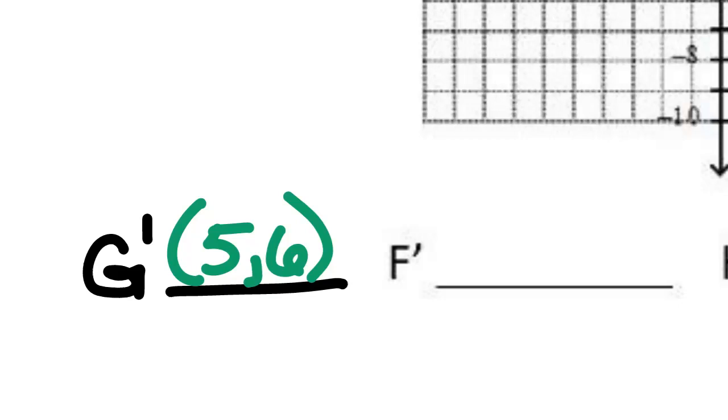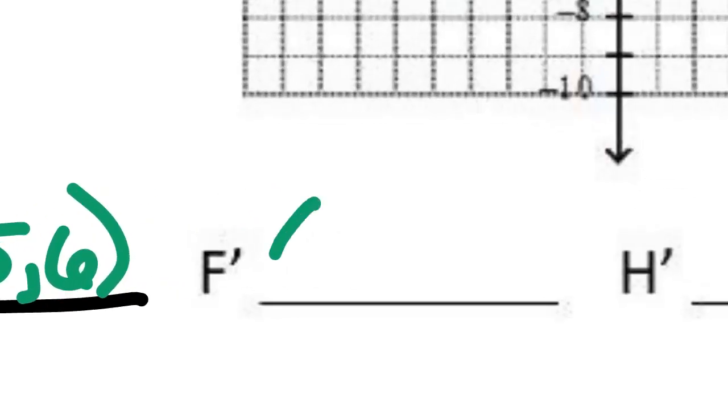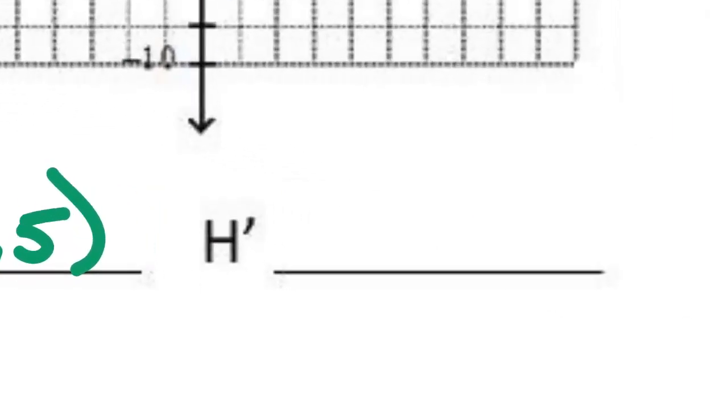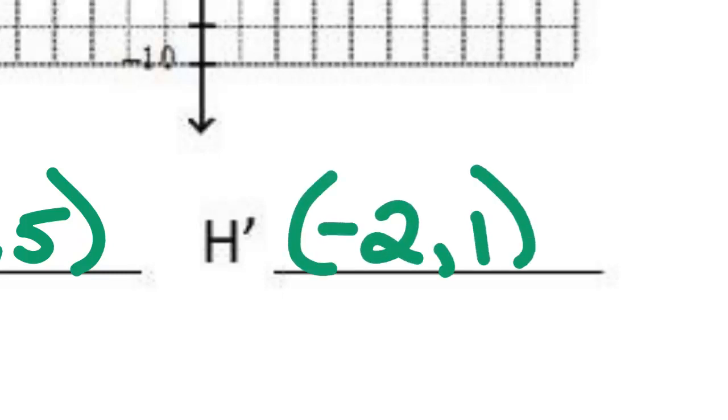What about F prime? -4, 5. And what will H prime be? -2, 1. All of the x's changed signs, all of the y's stayed the same.